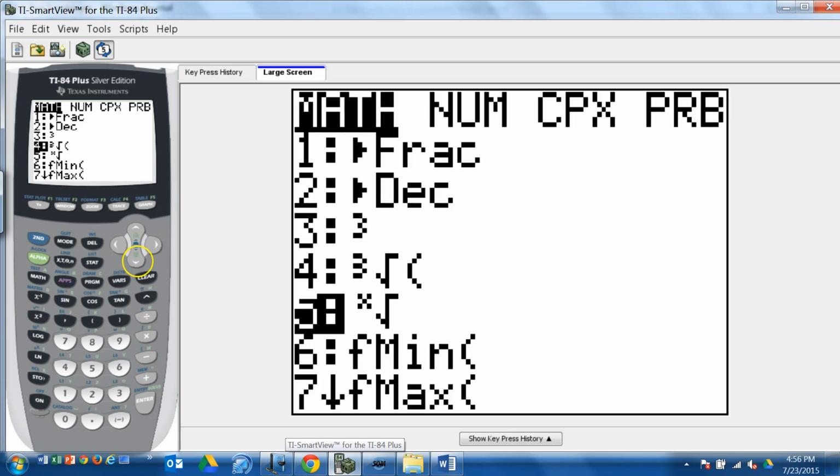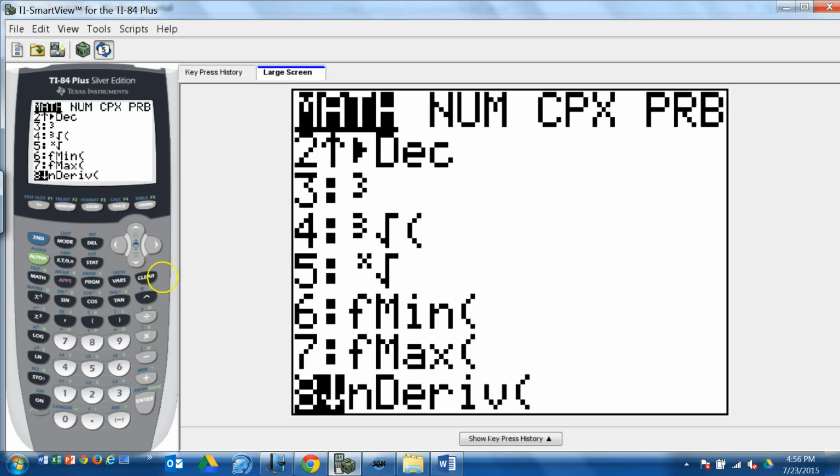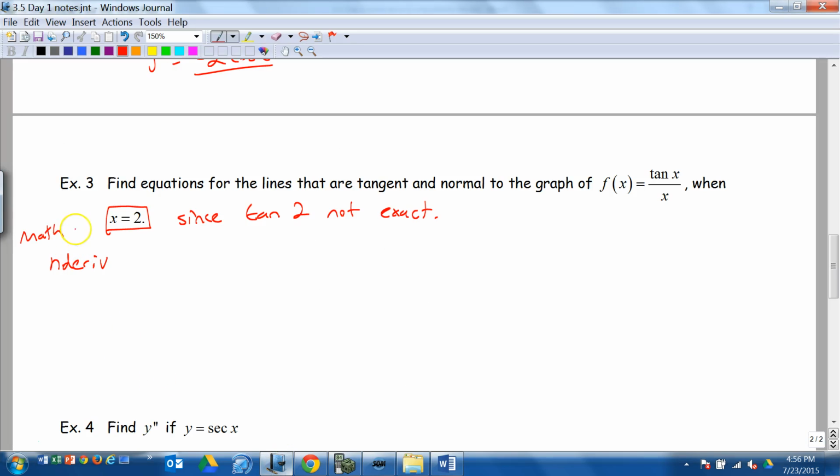I believe it was 8 though. Yes. Okay. So math 8, and then you get that. Now, if you have the other older operating system, you would type it in like this. You just type in the function, comma, the variable you used, and then what number you want to evaluate that variable at. That's how you would type it in. And we get 3.433, which is equal to the slope.